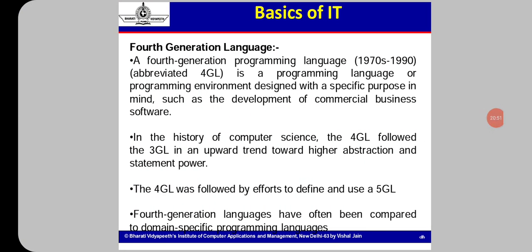The last type of programming language is fourth generation languages. The fourth generation language means generally from the 1970s to 1990. They are also called 4GL. It is a programming language or a programming environment designed with a specific purpose for development of commercial business software.